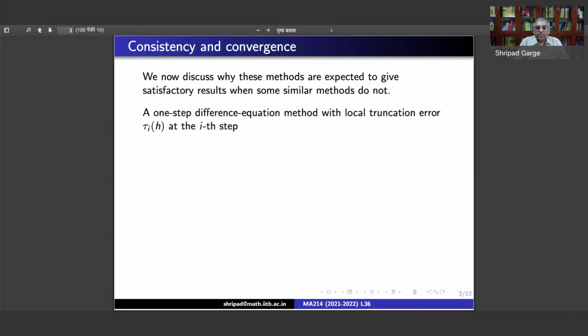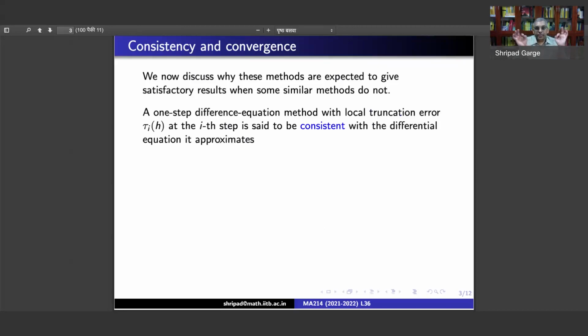So a one-step difference method with local truncation error tau_i(h) is said to be consistent with the differential equation it approximates if the maximum of the tau_i's, the maximum of the local truncation errors over all the nodes, goes to 0 as h goes to 0.